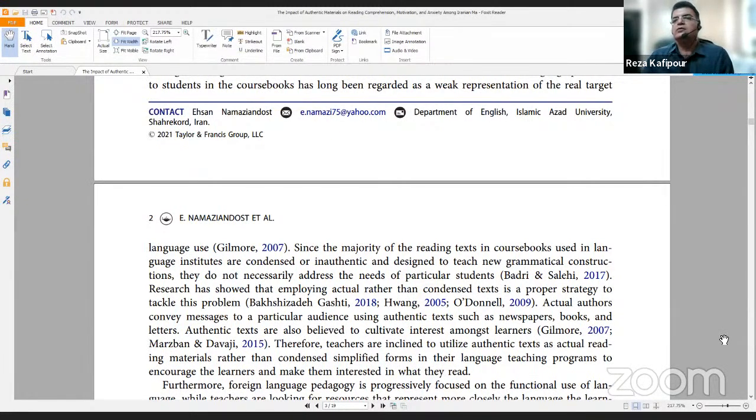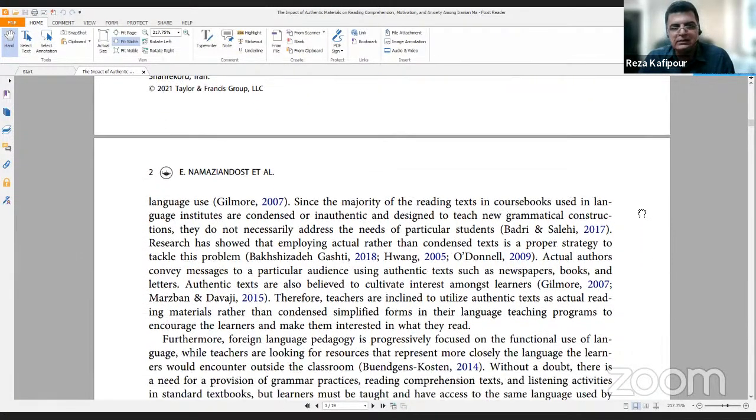So we want to check this problem. When we say gap, it should be directly related to the problems we have that motivated us to run such a study. But let's go ahead to see what else the writer mentioned here.